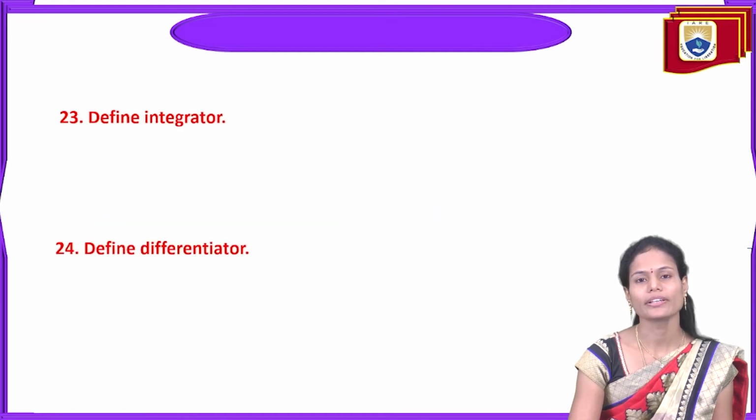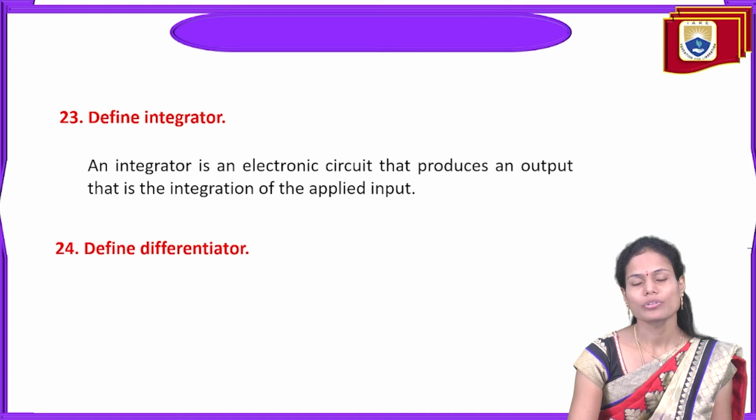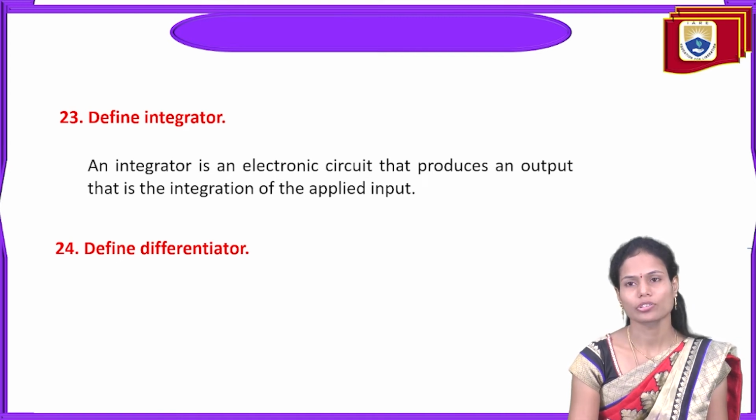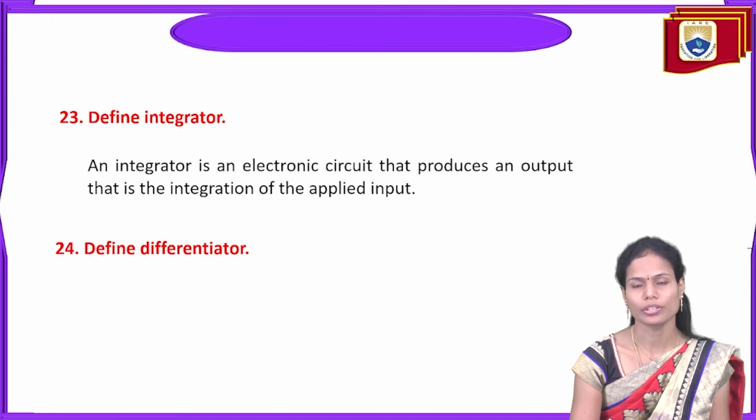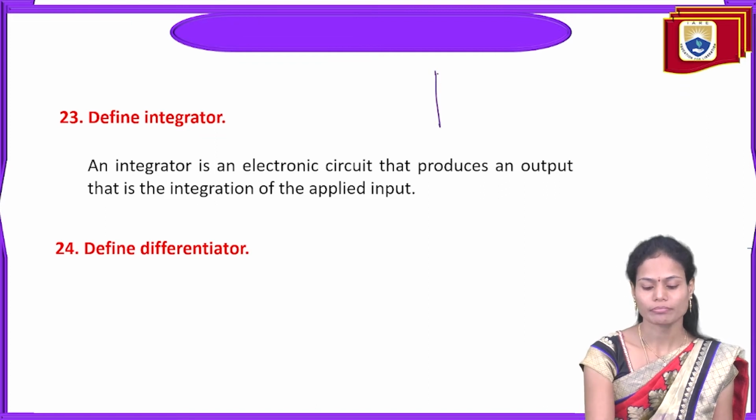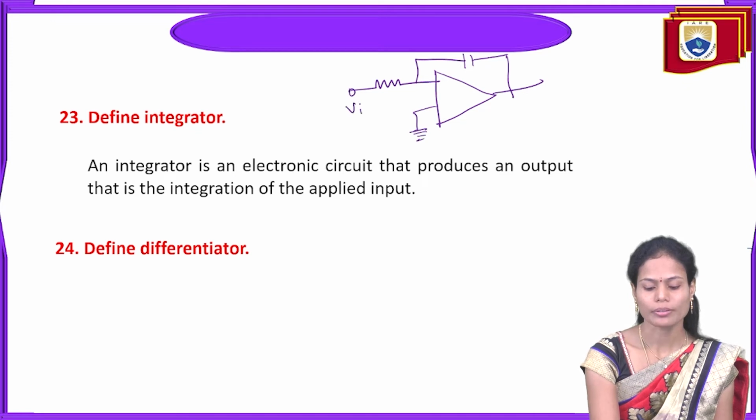And next, define integrator. So here integrator is one of the electronic circuits which produces the integration of the applied input signal to it. So in the case of operational amplifier, if we connect a resistance and in the feedback one capacitor, we are able to form the integrator circuit here.